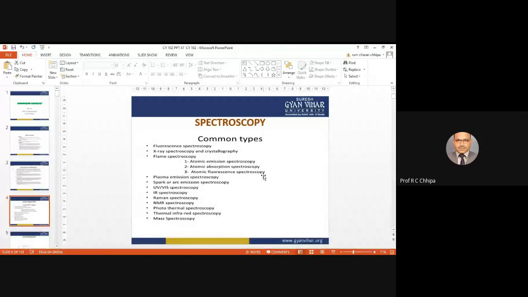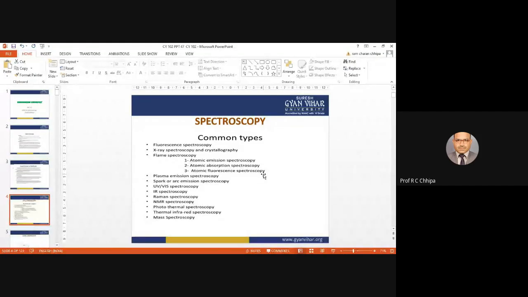With the help of X-ray spectroscopy we can study crystals, crystallography. Then flame spectroscopy, the atomic emission spectroscopy. Here atoms are used, so we can get information about metals, whether lead can be measured, whether cadmium can be measured, with the atomic absorption spectrometer. All three relate to the atom. Sodium, with the help of the flame photometer, we can measure the sodium present in water.